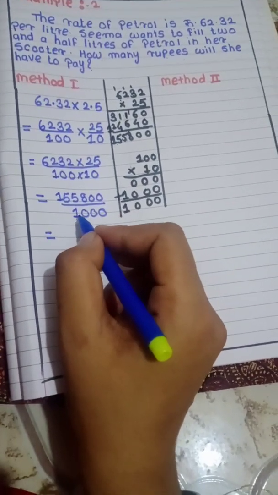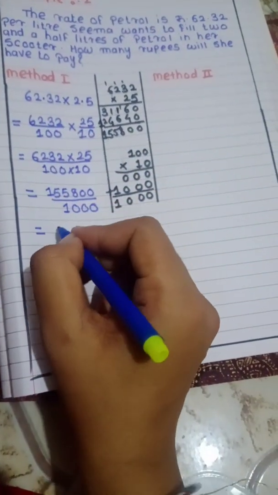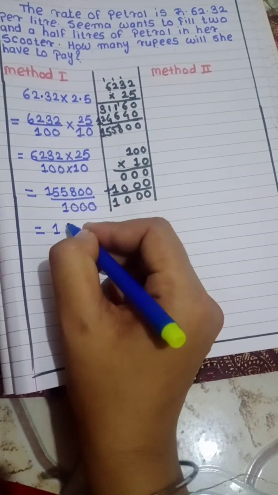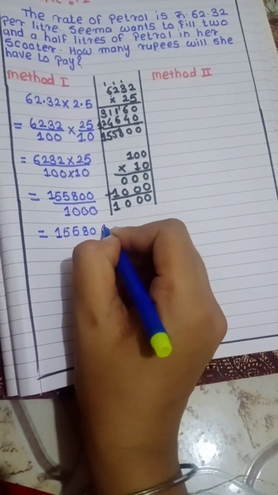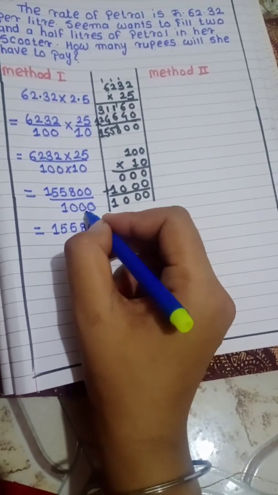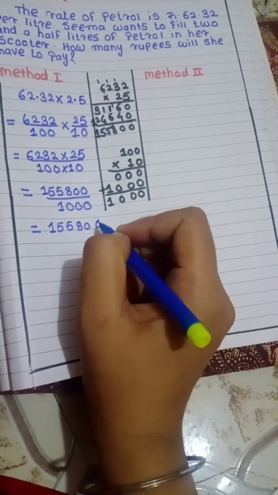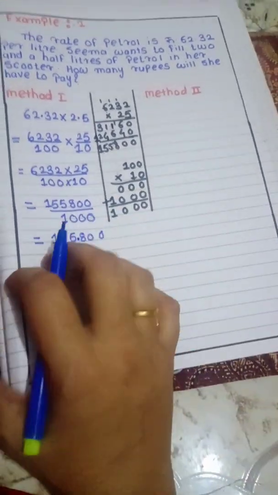but I have to convert it into which fraction? Decimal fraction. So I'll write the number as it is, 1,55,800, and see how much, 1000. Okay, so from the right I have to count 3 places, 1 2 3, and here I have to give the decimal point.